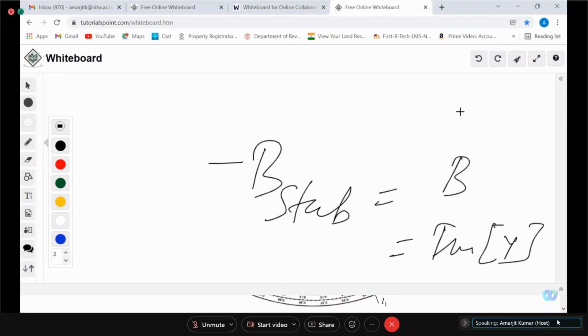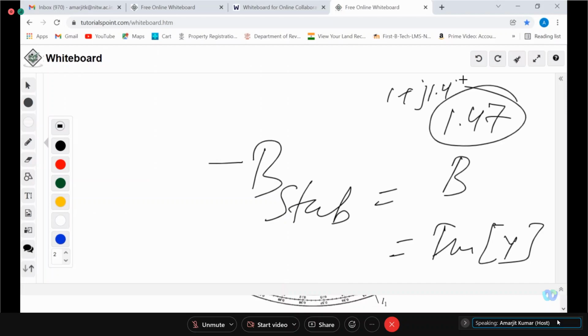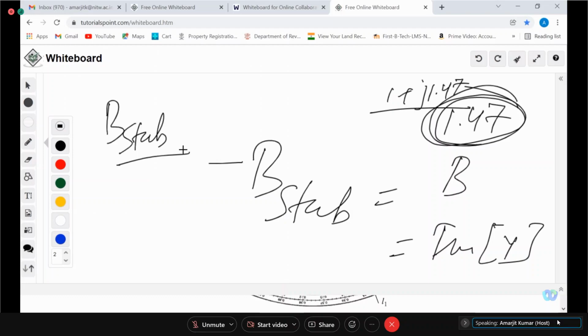If it is 1 plus J 1.47, what will be B stub? We have to go for minus J 1.47. So where is minus J 1.47 on Smith chart?